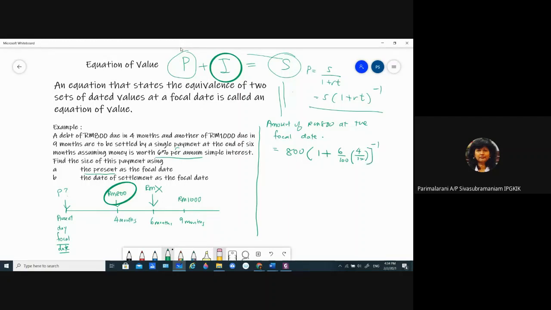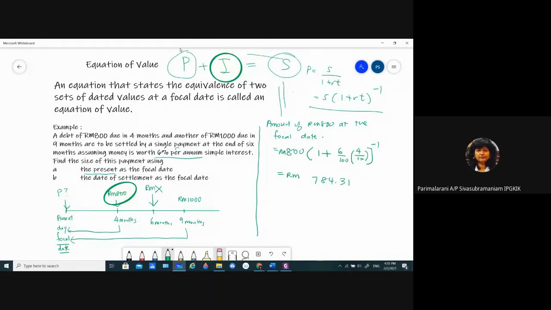This is to the power of negative 1. When you solve it, you will get 784 ringgit and 31 cents. Okay, now we found this, the value at 4 months. Now we want to find how much the 1,000 is at the focal date.